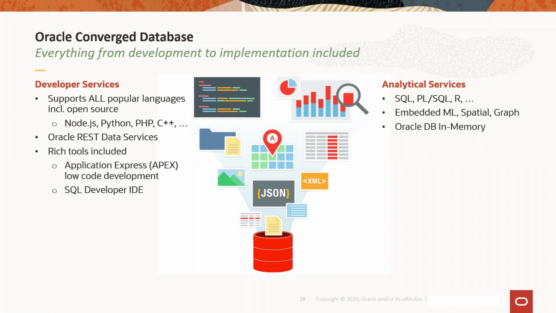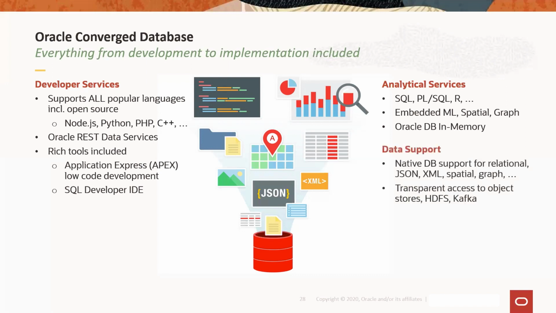And don't forget, there's an Oracle database in-memory engine that is built into the Oracle database. The first 16 gig of that in-memory data structure, that's included with your license. If you go beyond that, it's an option. But again, very powerful capabilities for speeding up your reporting and your analytics.